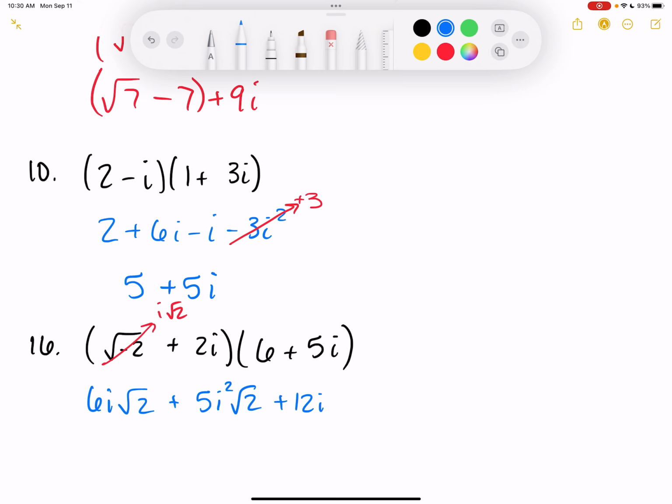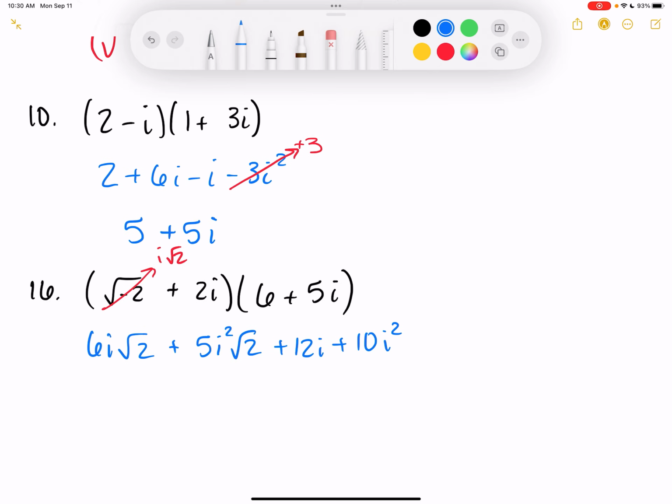Yep. I was just doing the steps out of order. And then plus 10i squared. All right, am I right now? Yes. Okay. So then these i squareds, this is going to become negative 5 square root of 2. This is going to become negative 10.